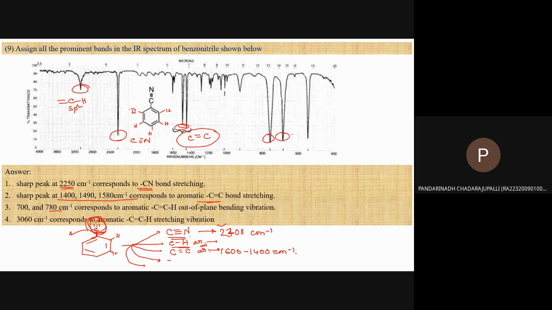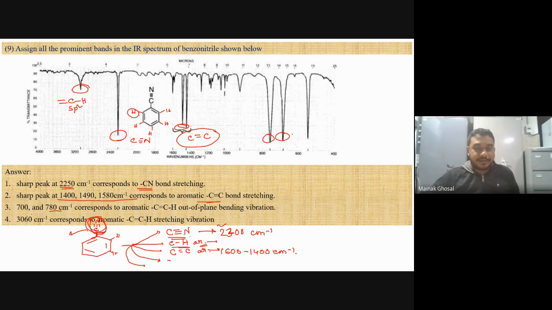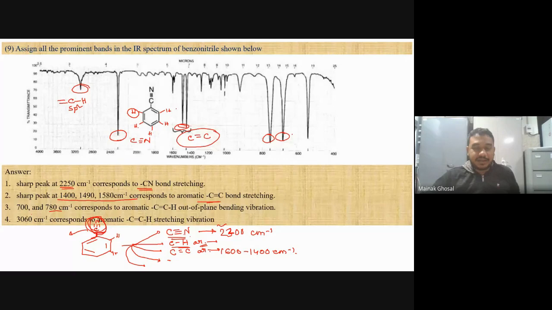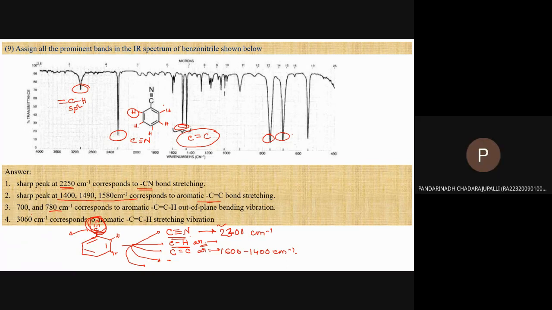So this is ortho hydrogen. Okay, so that doesn't differ much. See, this is a single substitution, so CH actually does not differ much. If you have another substitution, then that will differ much.